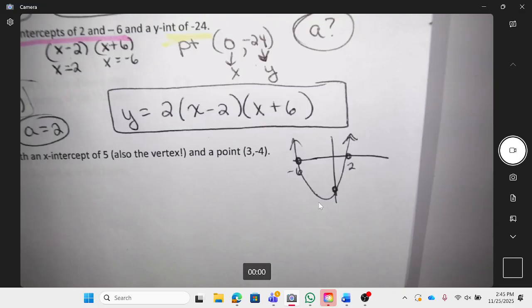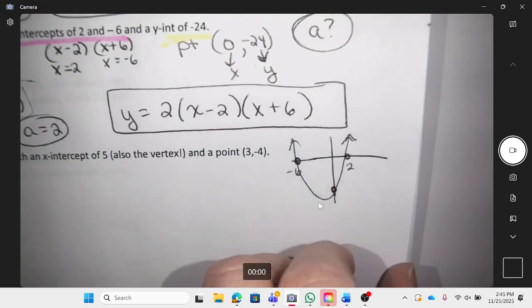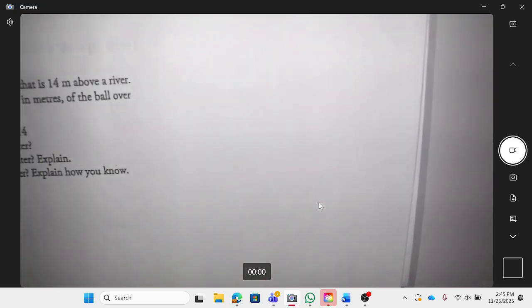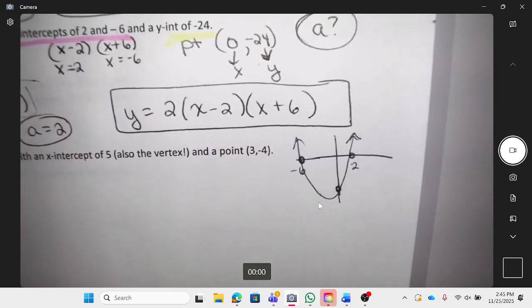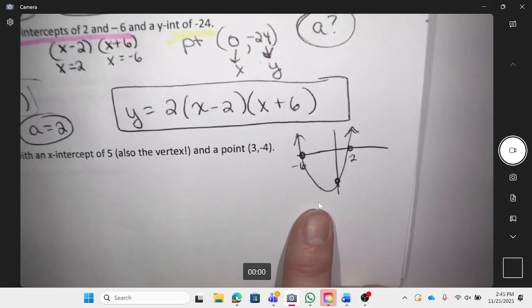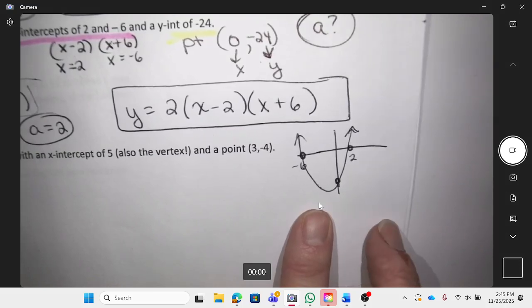But if you changed your window, would it show that? Okay? Do we look like we're fitting that criteria when we graphed it?